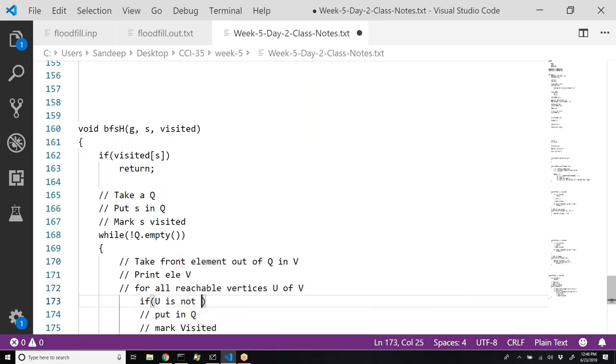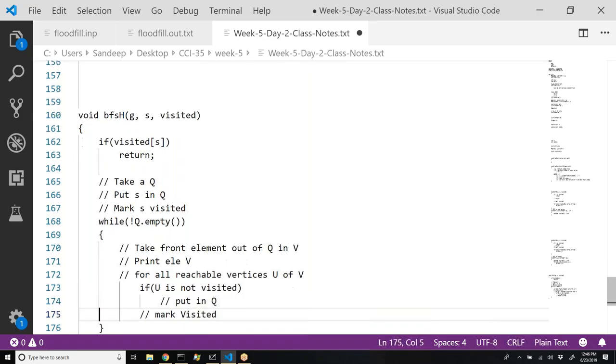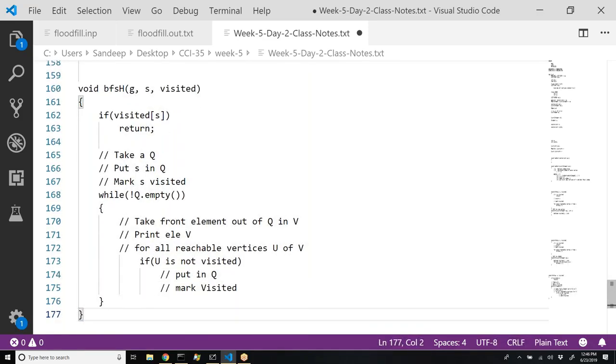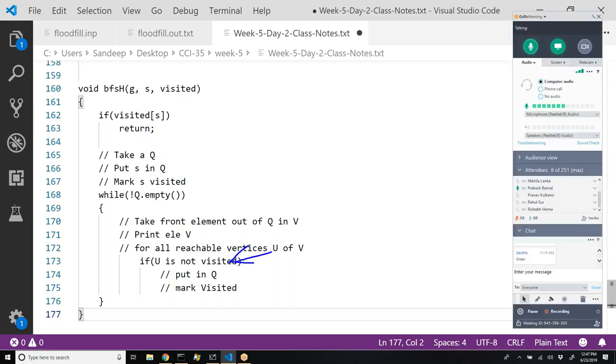If U is not visited, only then put in the queue and only then mark it visited. So this is making sure we don't put any vertex, even if it is visited, we never put it back in the queue.